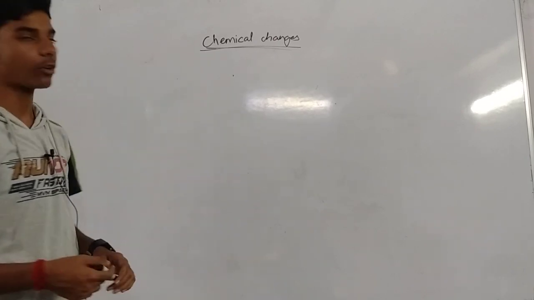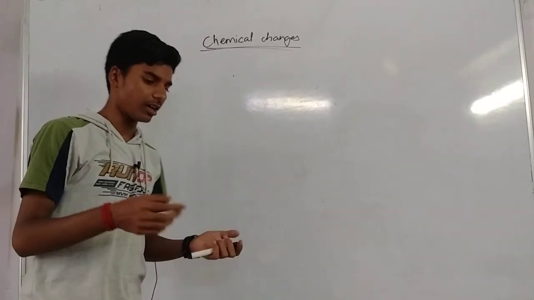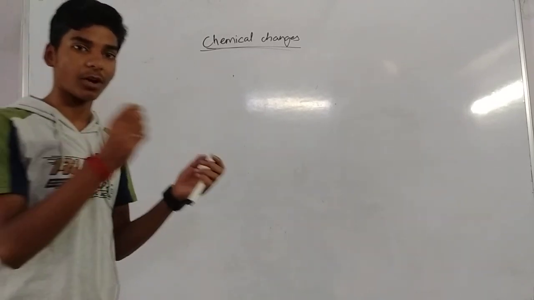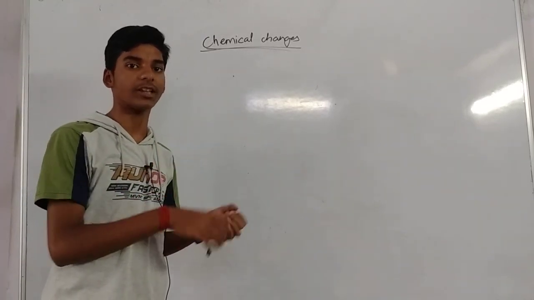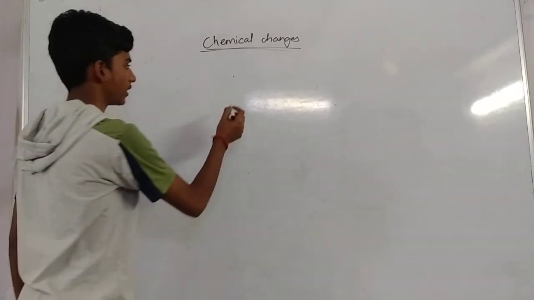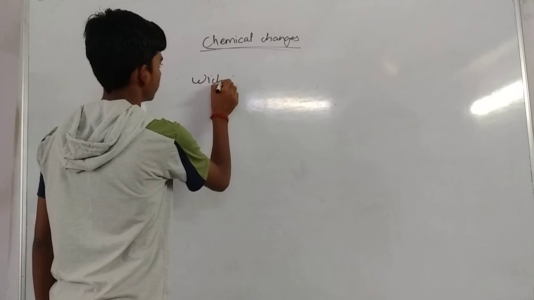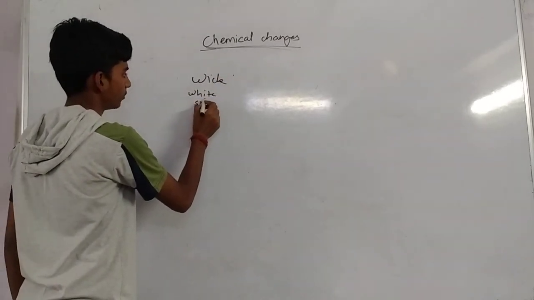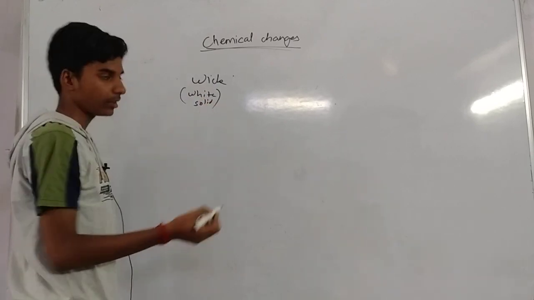These types of changes are called chemical changes. In chemical changes, new substances are formed whose properties are entirely different from the substance which we took at the start. As we have seen in the burning of a candle, the wick which we burnt was initially white in color, and it was in solid form before burning.